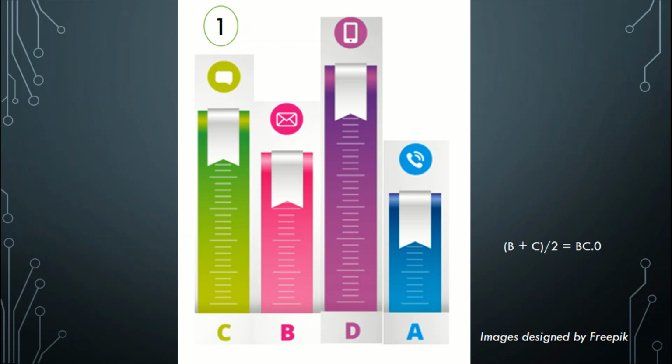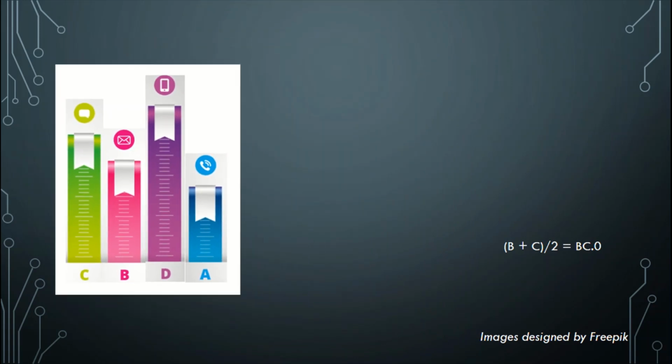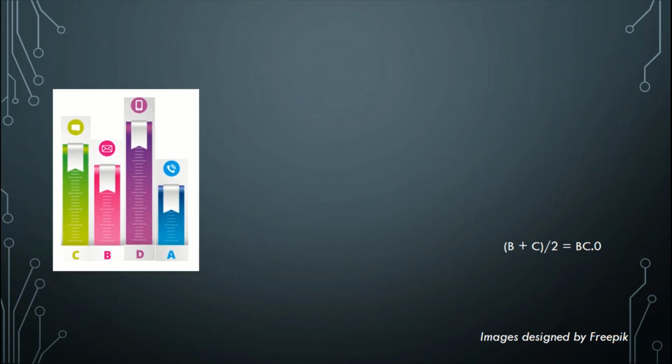Suppose this is your data in row form. You see that the data is disarranged, with the bars illustrating the magnitude or the quantity of the data. So first step, you have raw data which is not arranged.